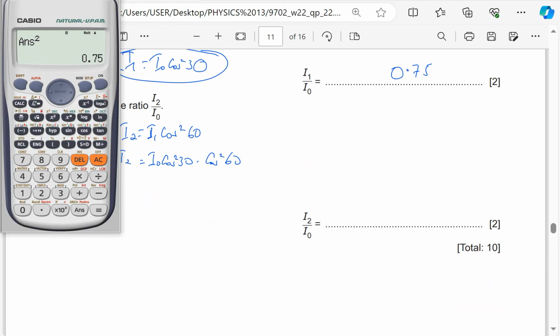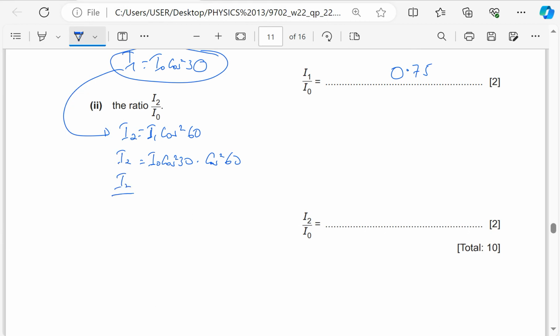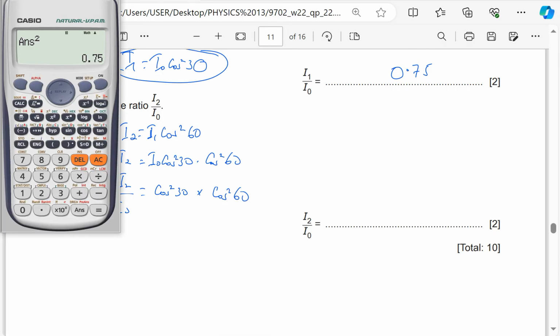So I have I2 over I0 equals cos squared of 30 times cos squared of 60.